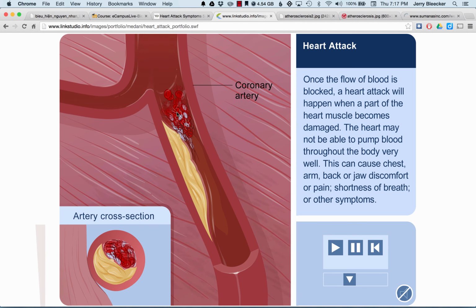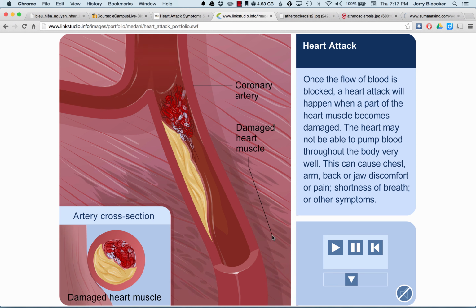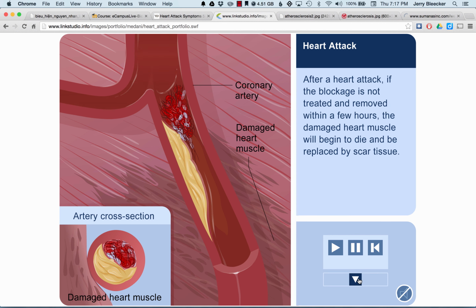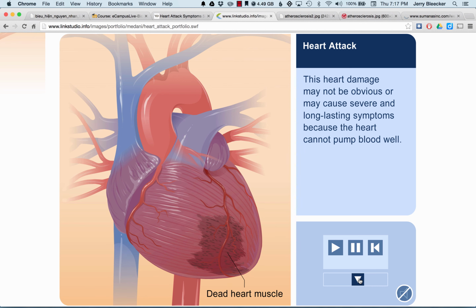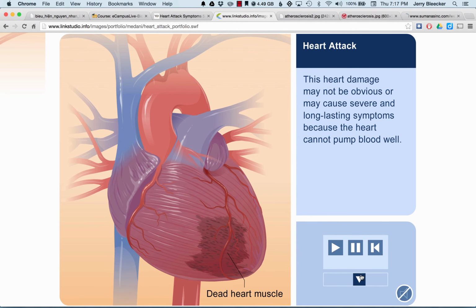This becomes like a car wreck up here in the coronary artery. It's fine over here, but this section of the heart now becomes ischemic. It's pumping without getting any oxygen, and the heart muscle will become damaged and potentially die. So we'll zoom out here, leaving scar tissue. This is hard to recover from.